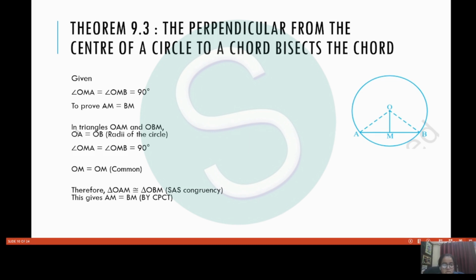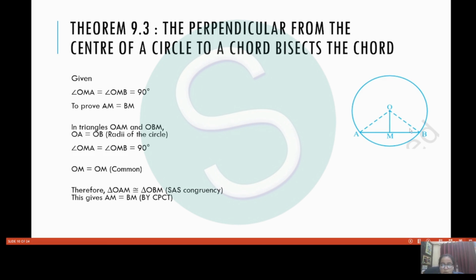So we will consider two triangles, OAM and OBM. Here OA equals OB because both of them are radii of the same circle. Secondly, angle OMA equals angle OMB because these are 90 degrees, perpendicular, which is given to us.